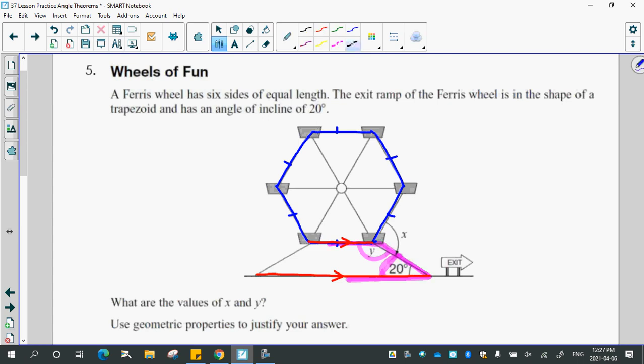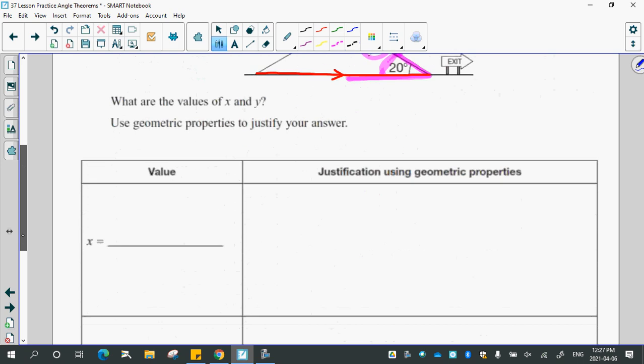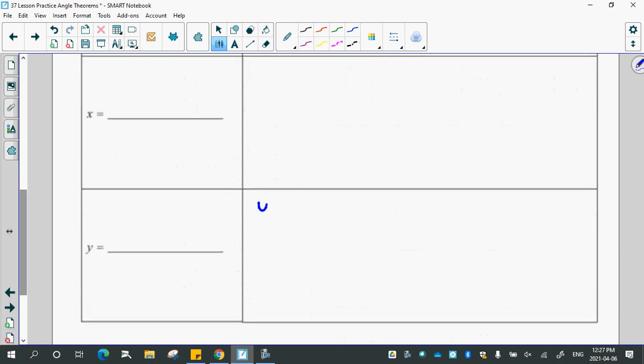So I would go down to my Y column in the chart, and I would write out Y plus 20 degrees is equal to 180 degrees. And that's by the parallel lines theorem, C pattern. So the co-interior angles of the C add up to 180. Okay?